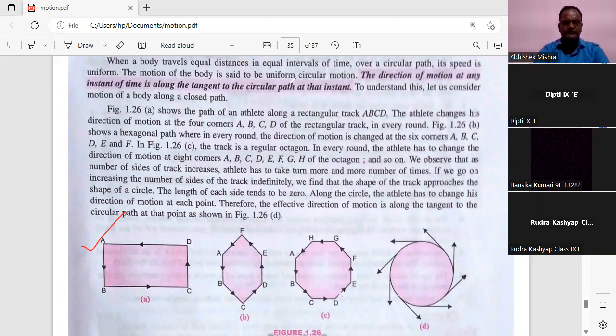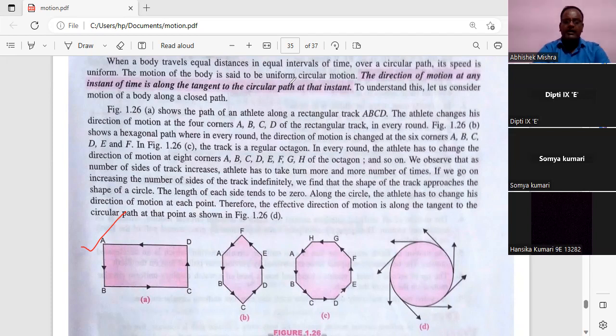Soumya, in figure B, which is a hexagonal path, at how many corners can an athlete change its direction of motion? Sir, 6. Very good. At the points A, B, C, D, E, F, the 6 corners.